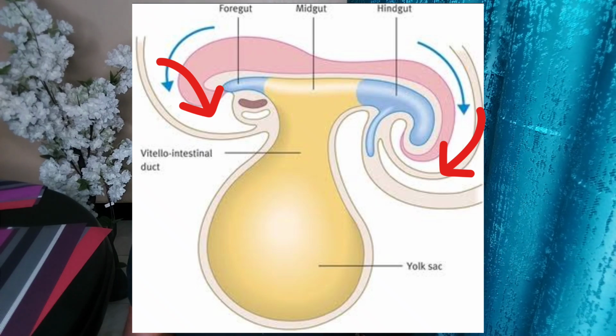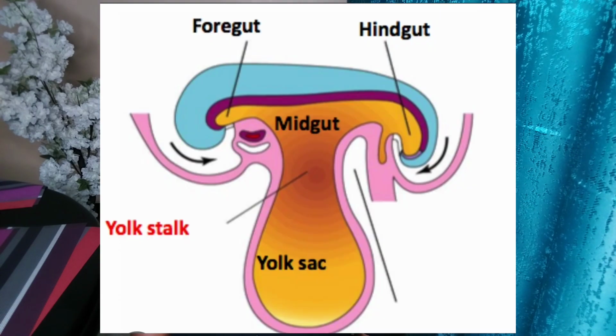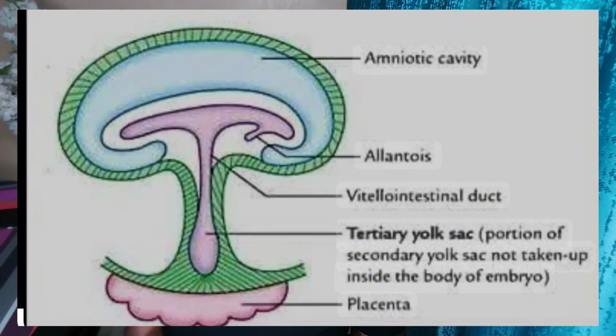And this gut tube has three segments. It has a foregut, a midgut, and a hindgut. While the endoderm is being folded into a gut tube, the yolk sac will as well be folded, and it will also form part of the gut tube.